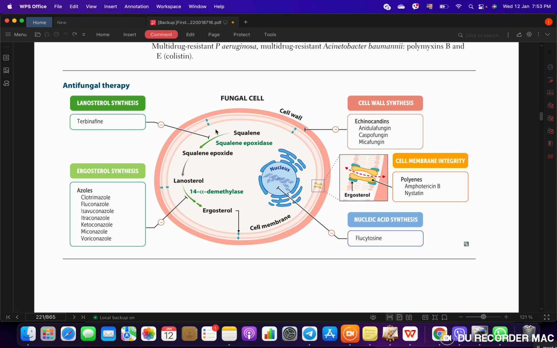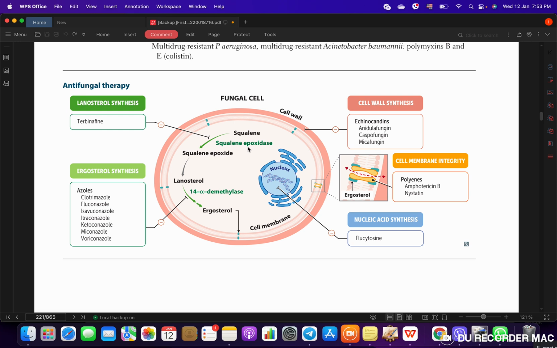To prevent its synthesis, you have to inhibit this pathway: squalene, epoxide, lanosterol, and ergosterol. So if you inhibit any of these steps, you will have less ergosterol, less cell wall, less cell membrane. That means the cell will die.